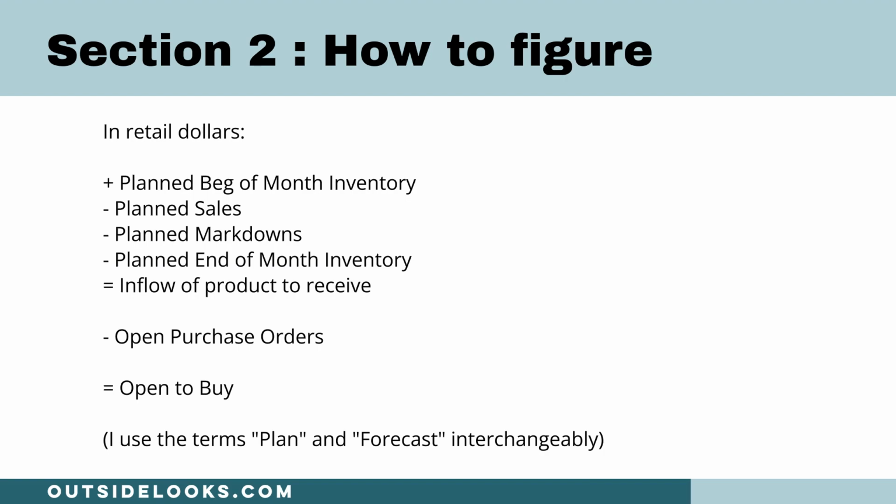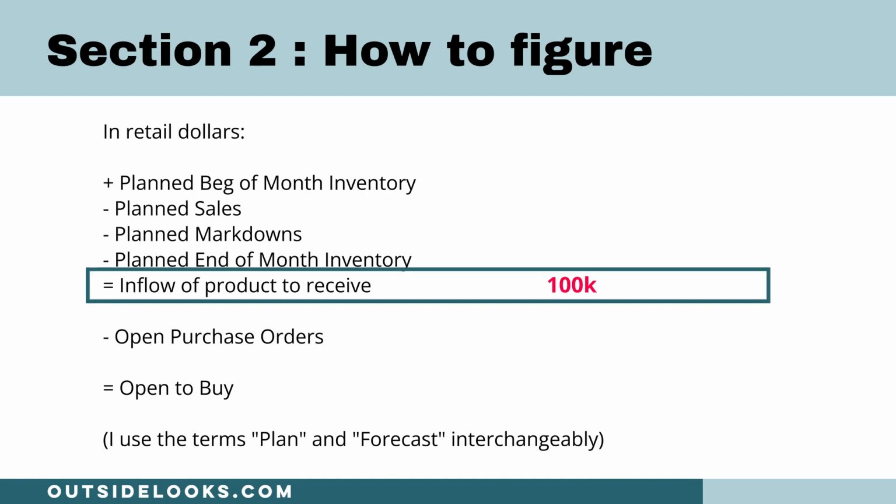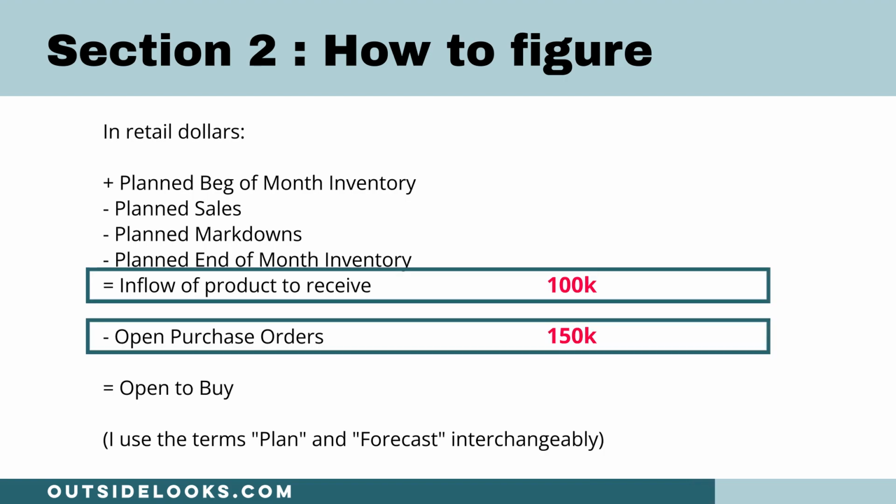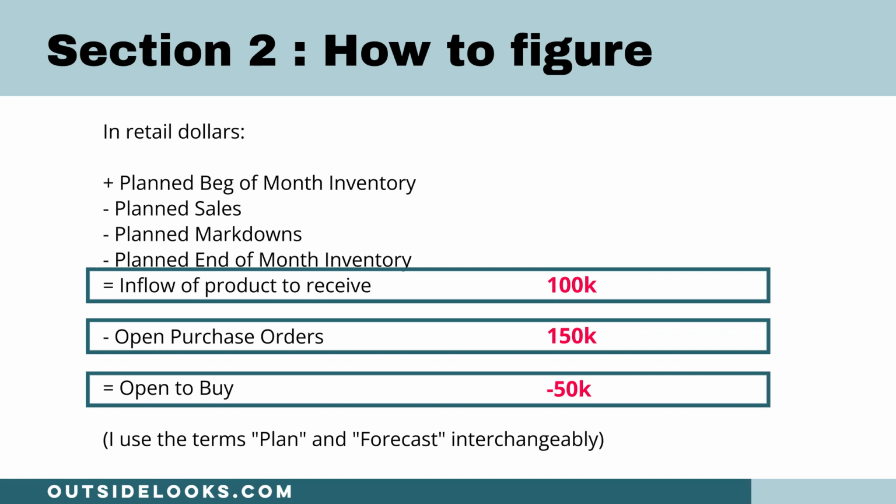What happens if your total inflow was 100, but you have 150 on order? Then 100 minus 150 equals minus 50. So you're actually overbought, quote unquote, for that month by 50K, let's say.